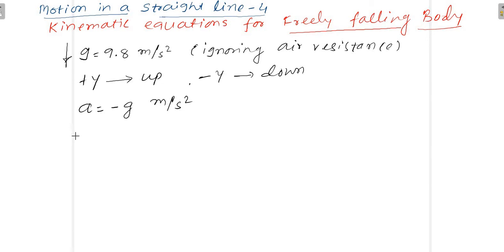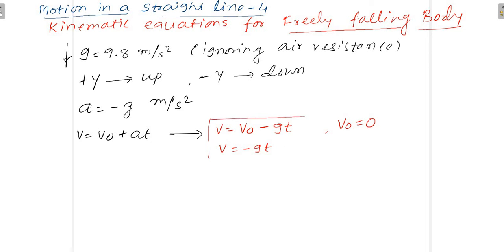We already know that for motion in a straight line, v is equal to v0 plus at. So here it becomes v is equal to v0 minus gt. Most of the time v0 is also 0, so the equation becomes v is equal to minus gt. This is the slight modification we make for freely falling bodies.